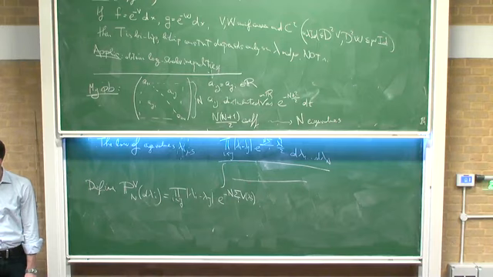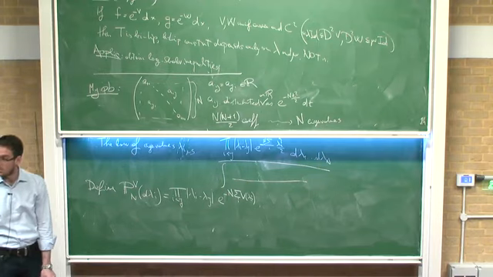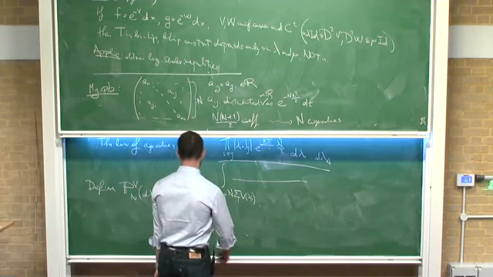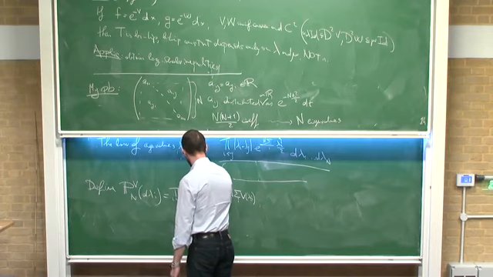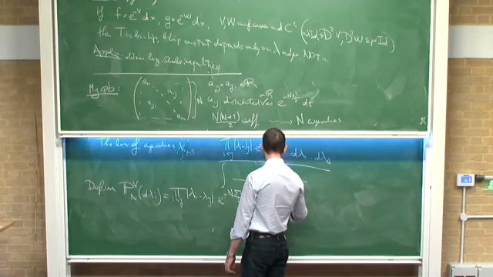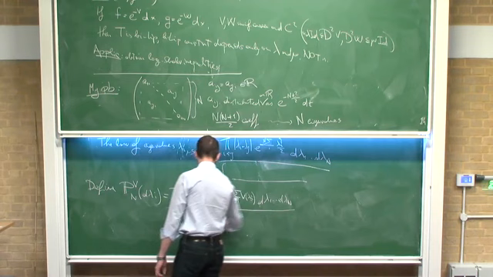I don't see how this is positive in this density. What do you mean? Lambda i minus lambda j, simply. There's an absolute value, the absolute value of lambda i minus lambda j. Then I have d lambda 1 to d lambda n, and then you normalize.